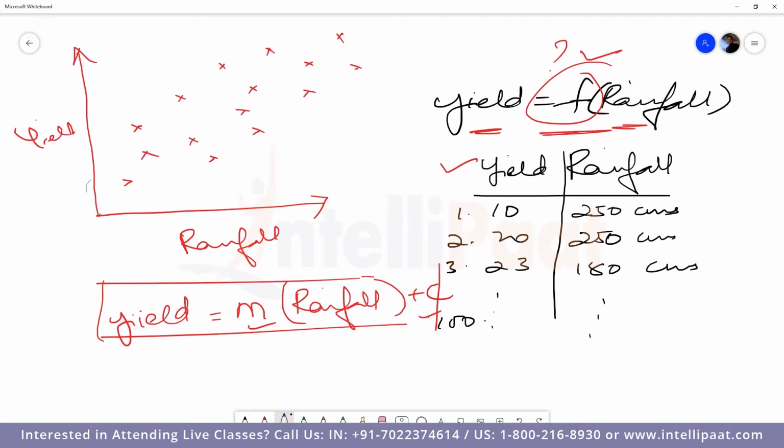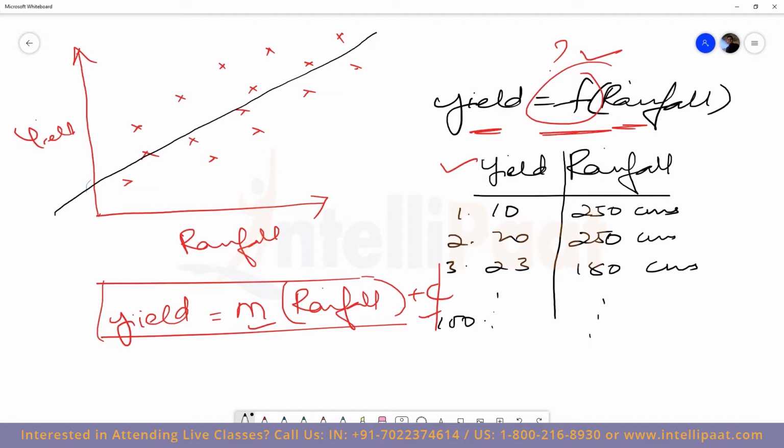I am trying to identify that one single line, right? That one single line that cuts through as many data points as possible, or that is as close as possible to as many data points, right? I can create different values of m, and I can create different lines, but there is one specific value of m and c which is as close as possible to all the data points, right?